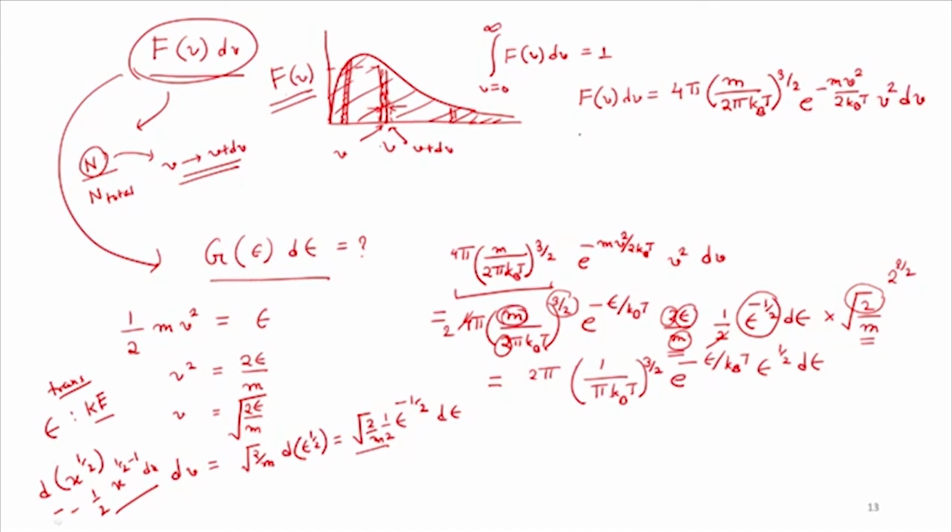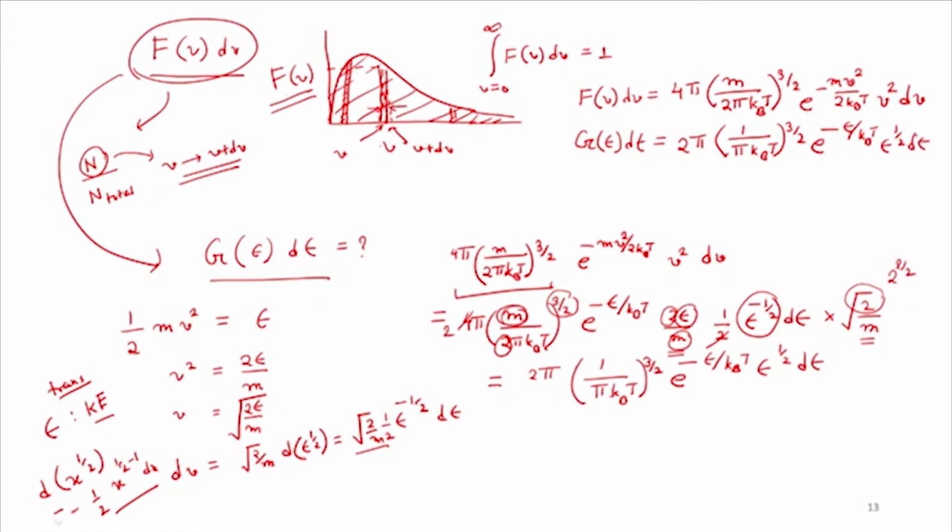And if I convert it into the energy distribution, I'm writing it as g epsilon d epsilon. That is 2 pi into 1 by pi kBT raised to 3 by 2, e to the power minus epsilon by kBT, epsilon to the power half d epsilon.